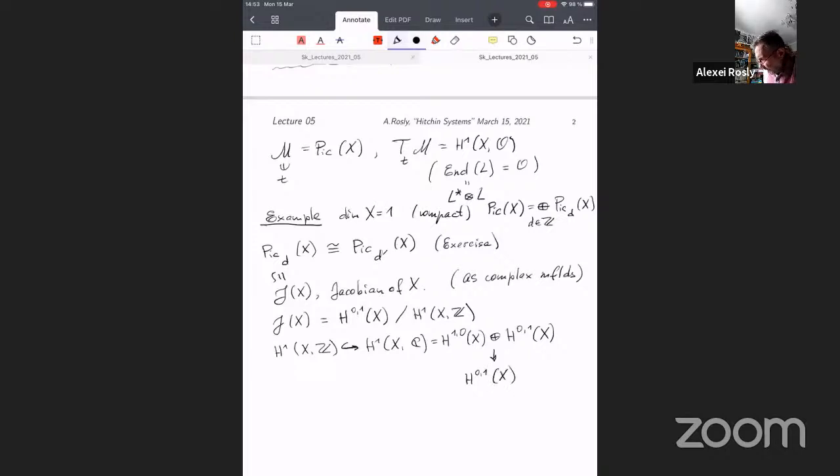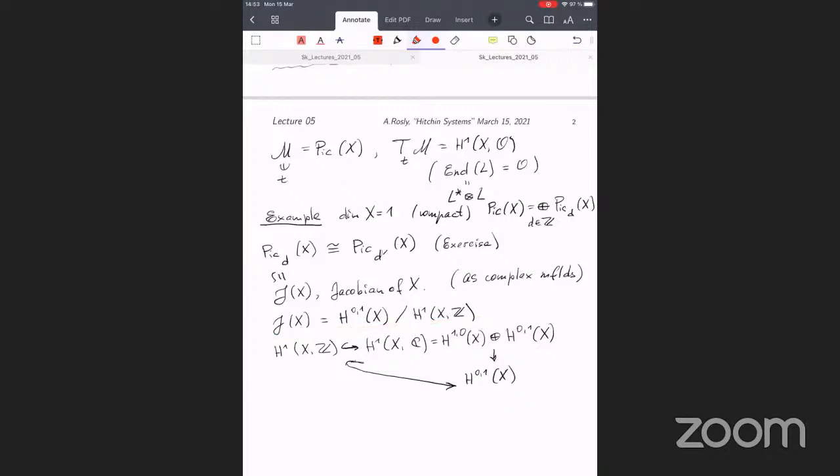And this defines the needed embedding of integral cohomology into H^{01}. And therefore, we can take the quotient and obtain the Jacobian.